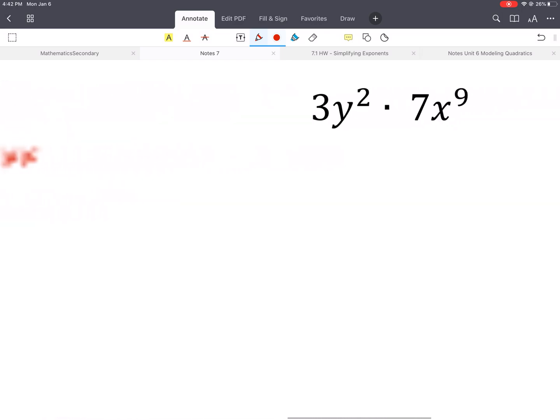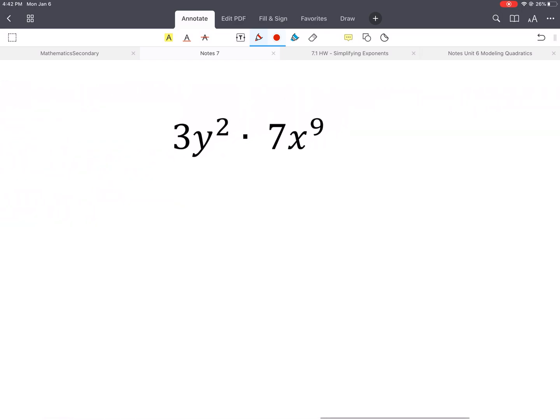Okay? And then here's one last problem. So we could reorder this as 3 times 7 times, usually I like to write my x's first, and then I do my y's. But we wanted to expand those. So we'd end up getting 9 x's and then we'd have 2 y's.